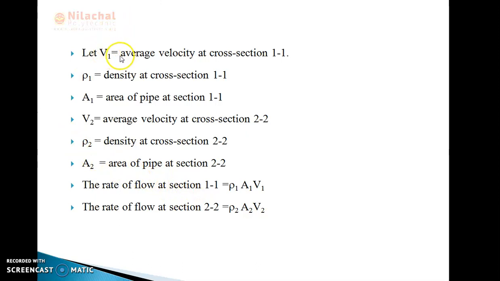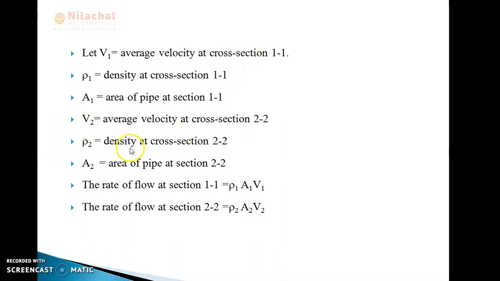Let v1 is the velocity at the section 1 and rho 1 is the density at the inlet section, A1 is the area of the pipe at the section 1, and v2 is the average velocity at the cross section 2, rho 2 is the density at the cross section 2 and A2 is the area of the pipe at the section 2.